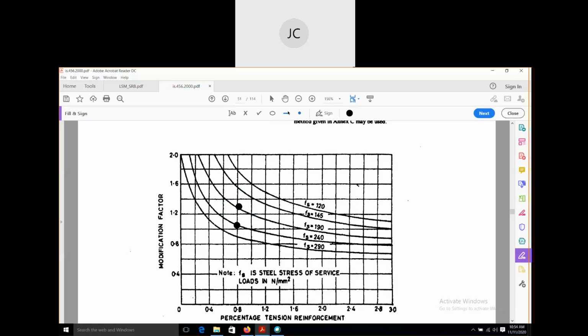Okay, so now you see, this is the line for Fs equal to 190. If Fs equal to 190, when the percentage of steel is 0.8, what is the value of k? You can see here at this point.